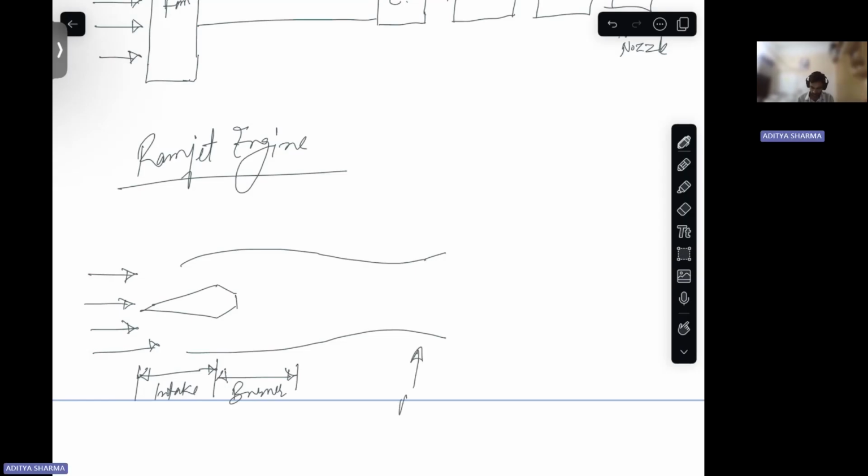Then this is your nozzle. So the compression in ramjet engines takes place through this. There is no explicit compressor or turbo machine. There is no such case in a ramjet engine. So this is the ramjet engine.